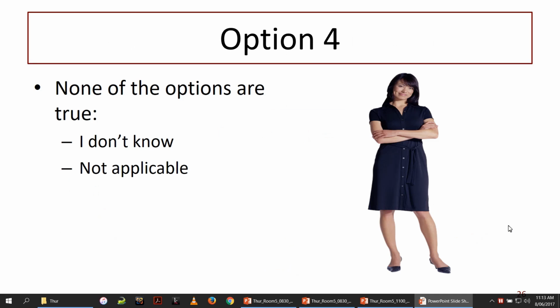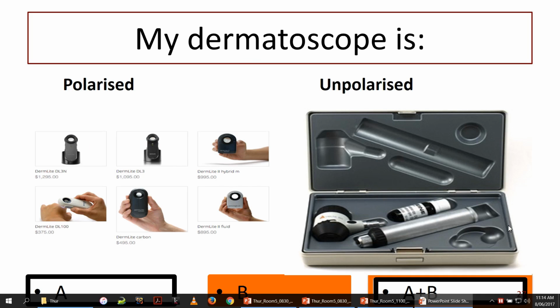Option 4 is that none of the options are true, or I don't know, or it's not applicable. Can we have a demonstration of option 4, please? Great, because if you don't, we're all going to be delayed, because I'm going to be looking, and then we won't get to the end. Since I have 300 slides, there's going to be an effort.